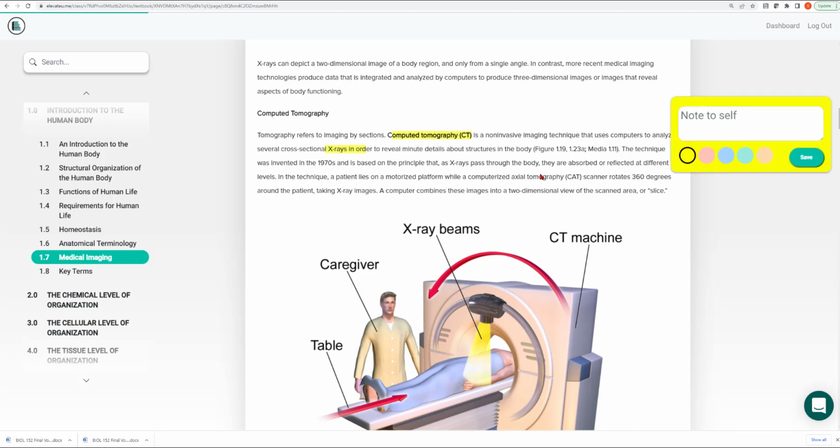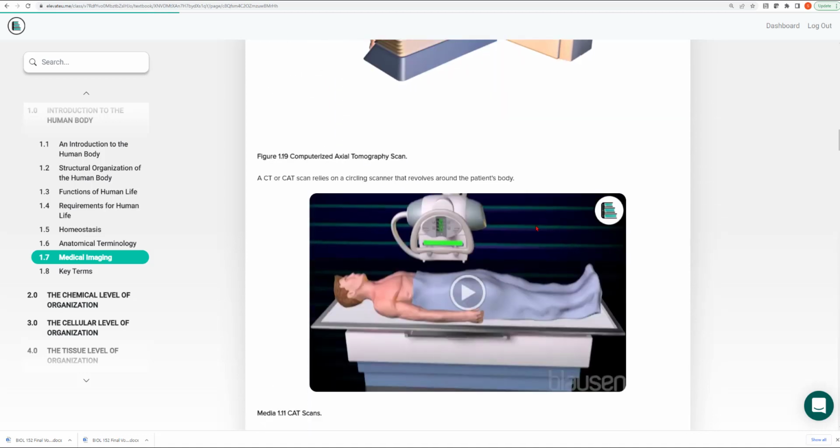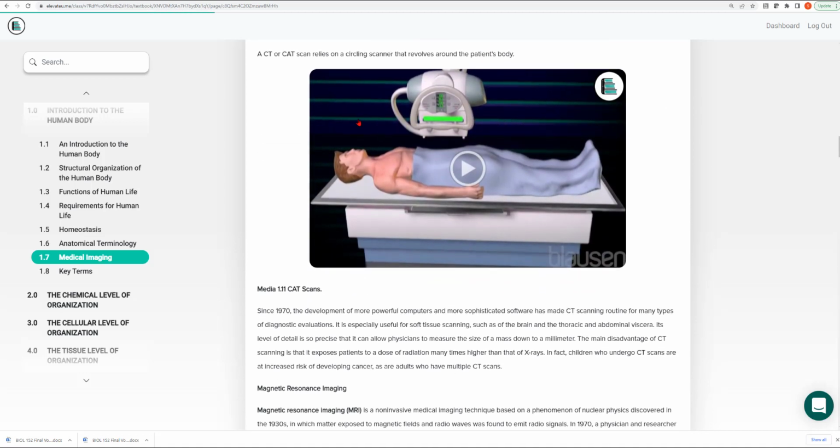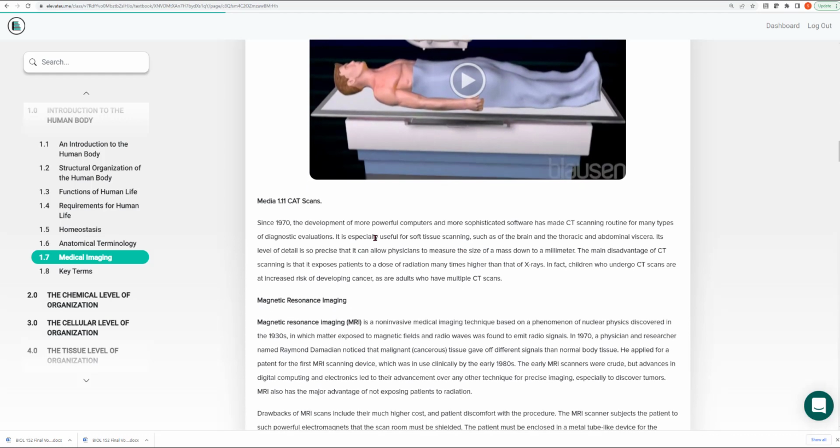But with the help of the computer, you are creating slices. The computer is creating topographic maps of the body. The great thing about CT scans is that things don't get blocked. So you go underneath the CT scanner, and you are able to see one bone behind another bone.